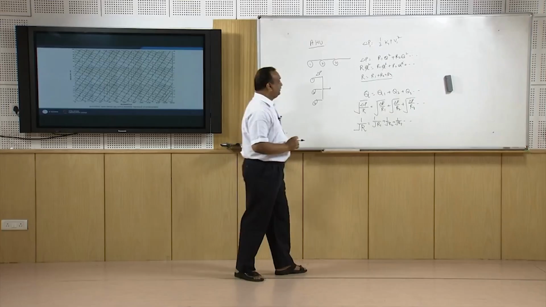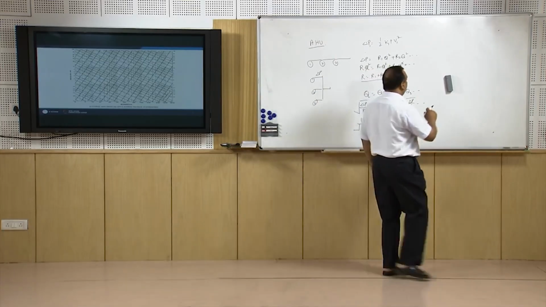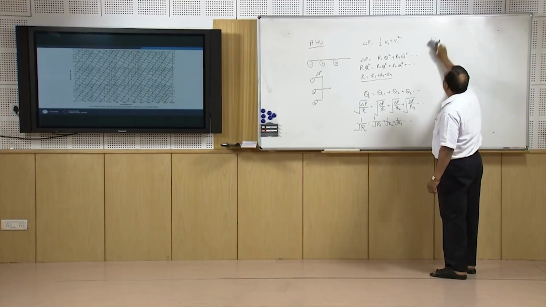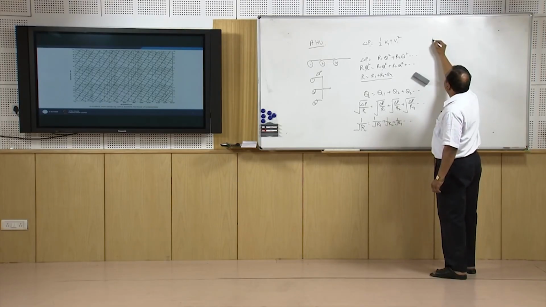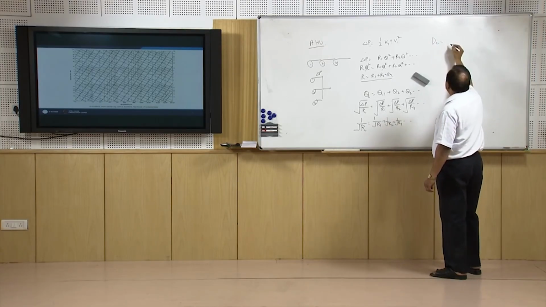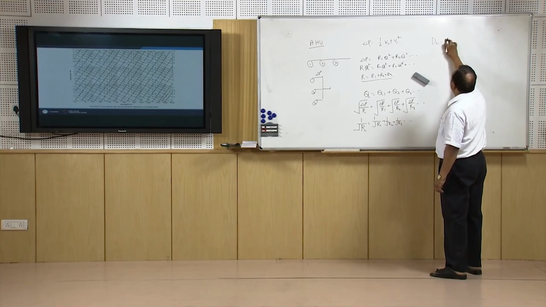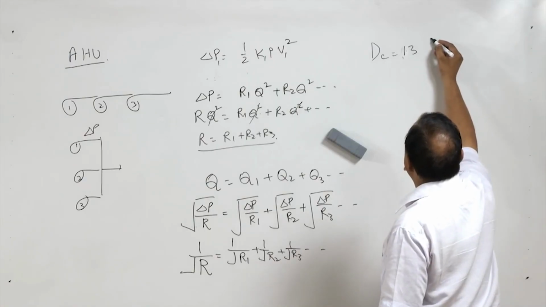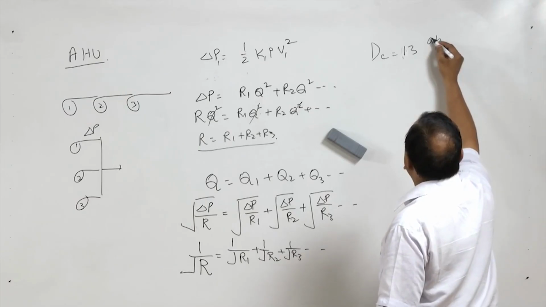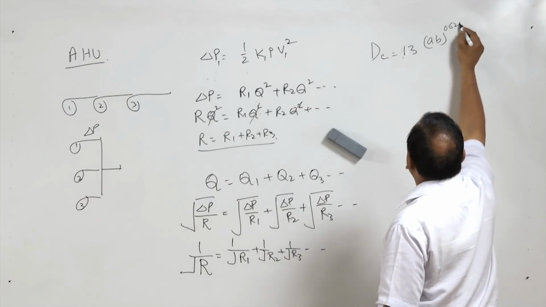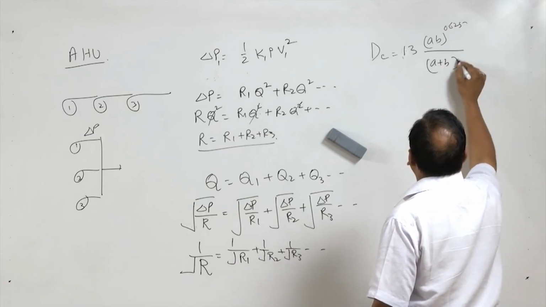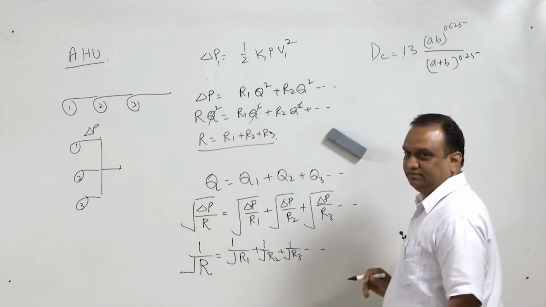That is one thing. Second is, if you remember in an earlier lecture, I told you that the equivalent diameter in a duct is 1.3, if it is a rectangular duct, then AB raised to power 0.625 divided by A plus B raised to power 0.25.